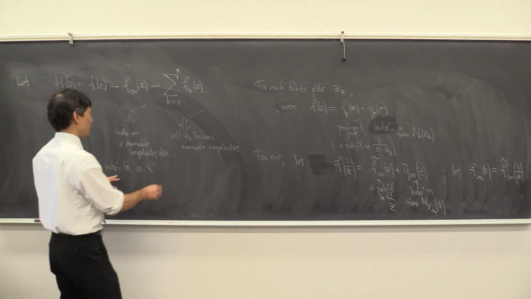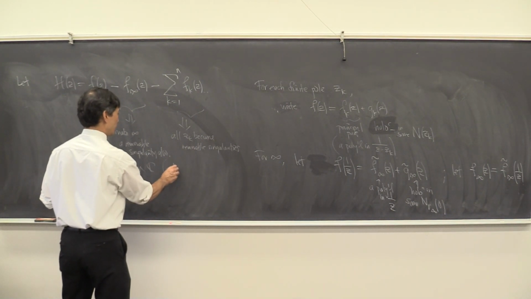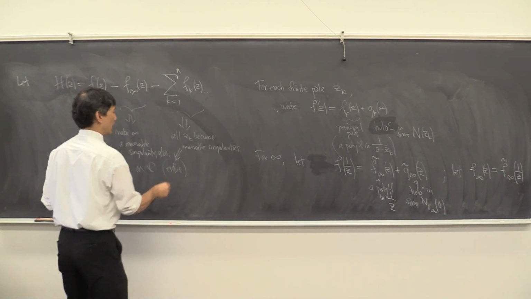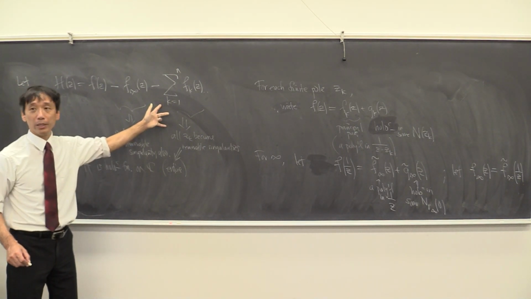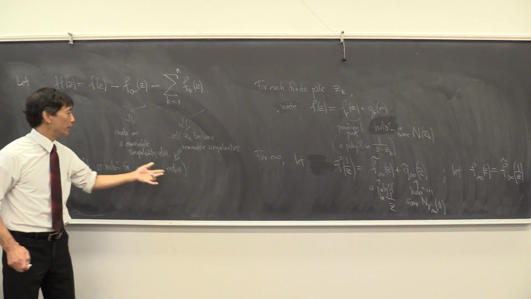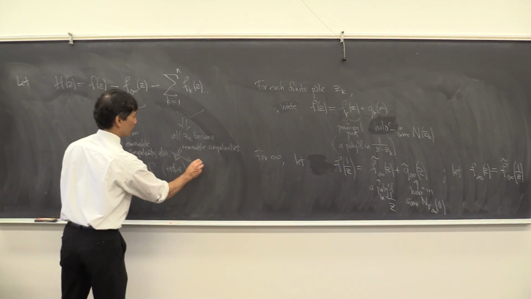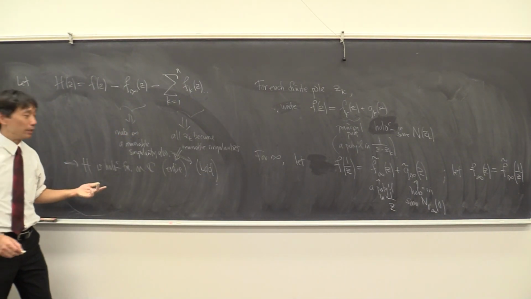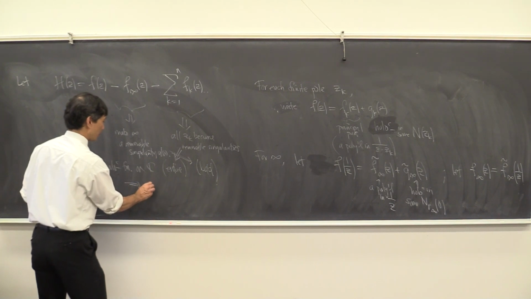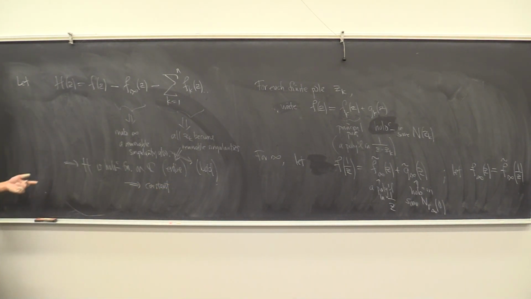So this part gives you that it's an entire function, since you lose all the singularities in the finite plane, and then the second part makes it a bounded function. So it becomes a bounded entire function and thus constant, by Liouville's theorem.